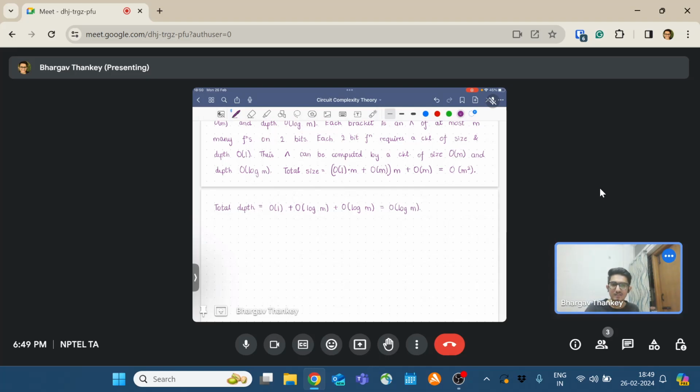So is this fine? Yes. So we have a circuit of size order n square and depth order log n, but m is like poly n. So size is order poly n, and depth is order poly of log n, which is order log n, right?